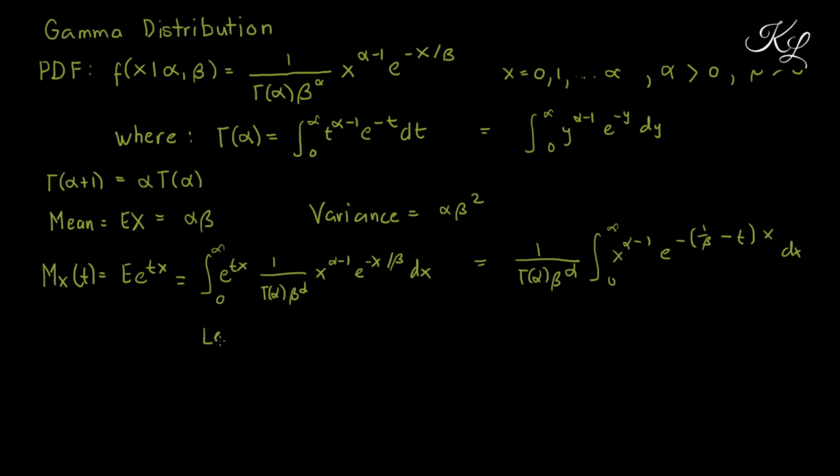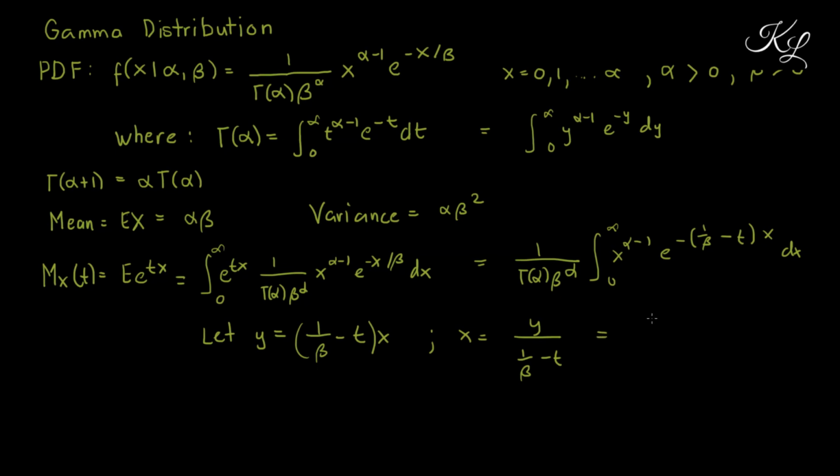Let y is equal to, so y here equal to this one. So we have x. Then if we do that, x will become y over 1 over beta minus t. Let's simplify this complex fraction.